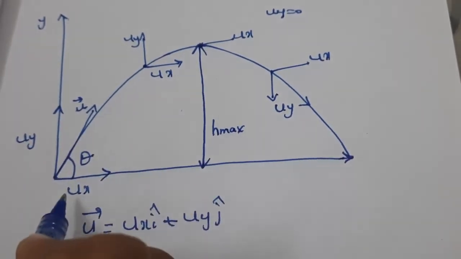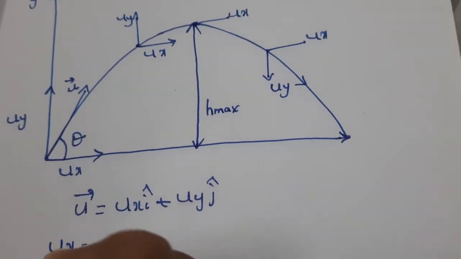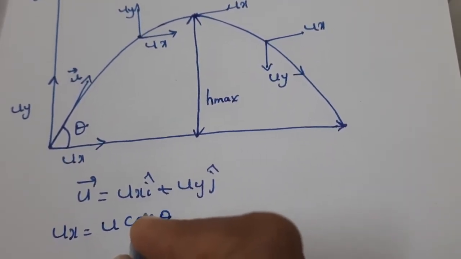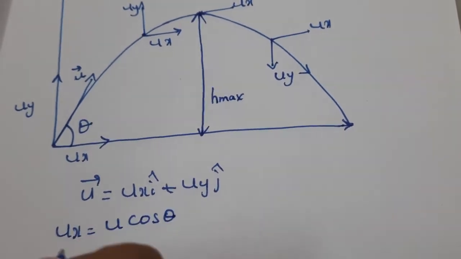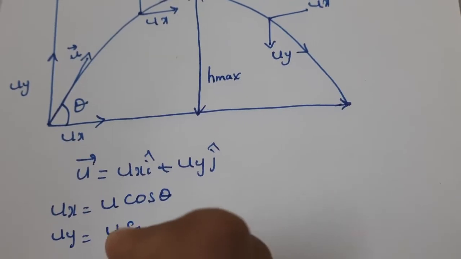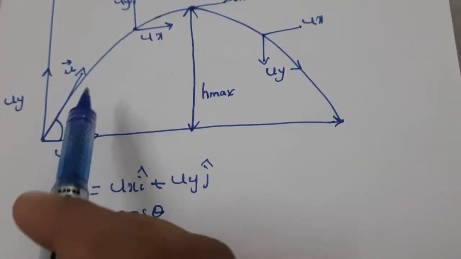Now, the x component of the initial velocity we can write as ux is equal to u cos theta. And the y component of the velocity we can write as uy is equal to u sin theta. This we have already learned in the components of a vector.